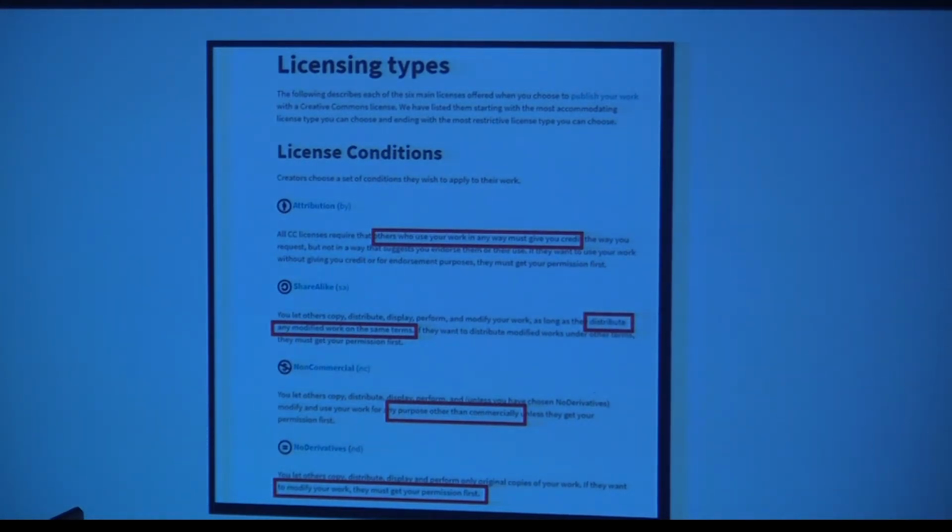Share alike means you can share the modified work on the same terms that you have seen there. Another important one is non-commercial. Unless otherwise noted, if it's not labeled non-commercial, a business can take a free resource, repackage it, and go sell it. So if you don't give that kind of permission, that's what that refers to. It doesn't refer to use in a classroom.